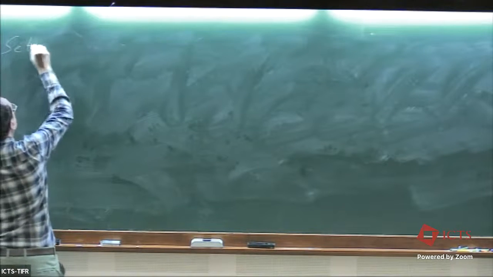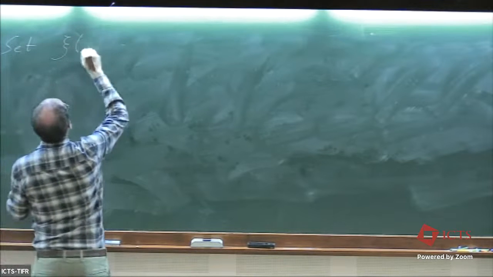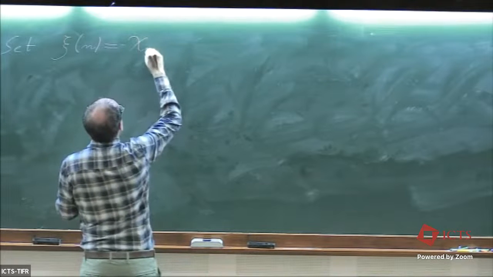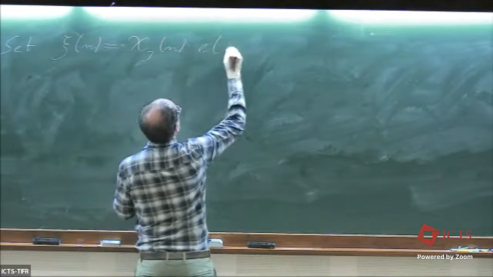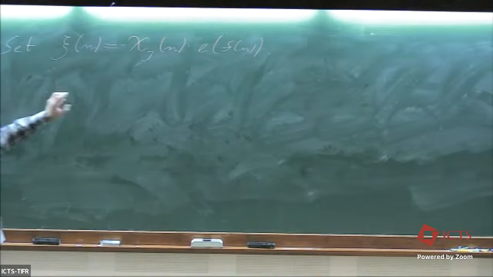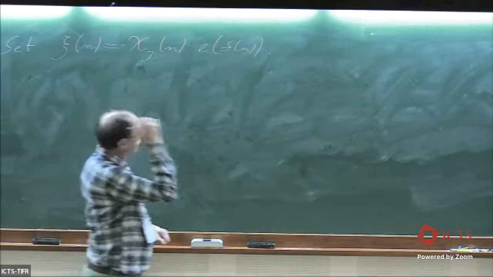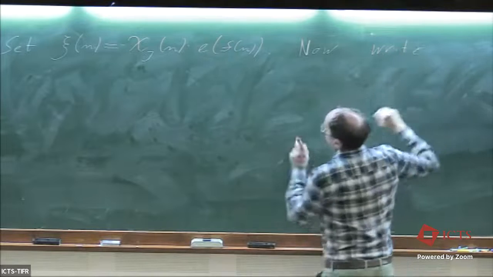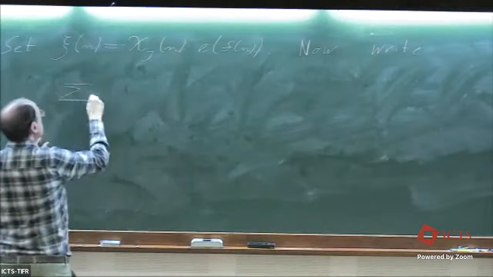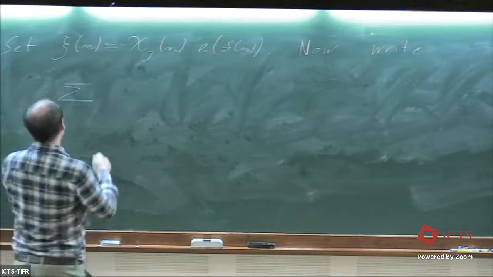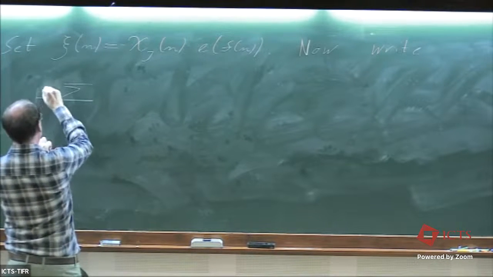So we set psi(n) to be equal to the characteristic function of the interval times e(f(n)). So that's supported only on I. Now we do a ridiculous looking thing. We copy the original sum H times.